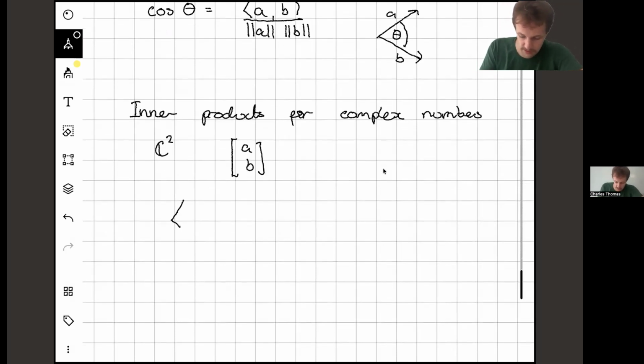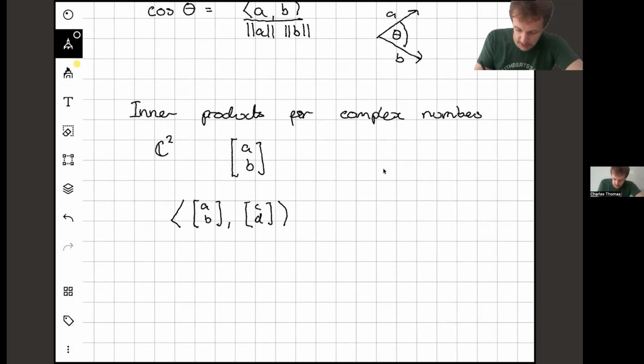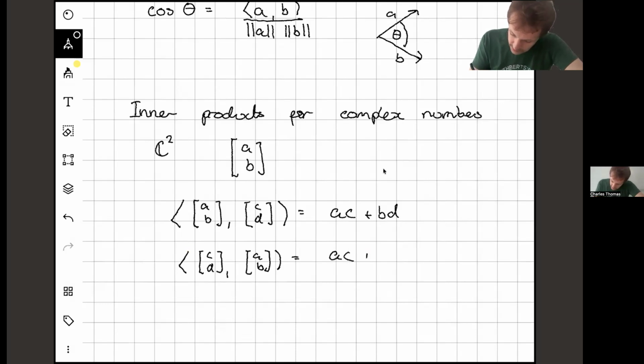And the important thing is that we can't use the definition we had before, because before we had this. But now if we swap them, this will give us the same thing. However, really, we wanted this to be the complex conjugate of this. So something must be going on.